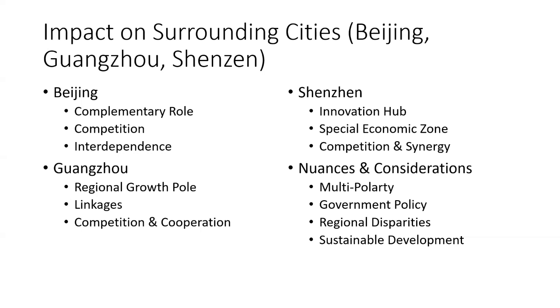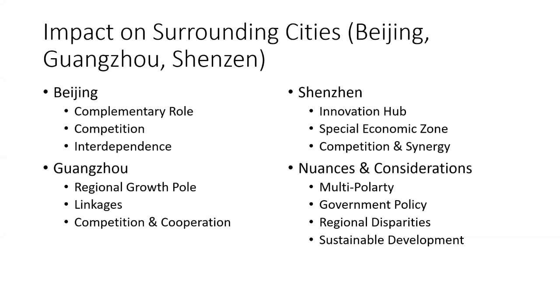The two cities are linked by strong economic ties. Beijing offers policy guidance and research capabilities, while Shanghai provides financial and commercial expertise.